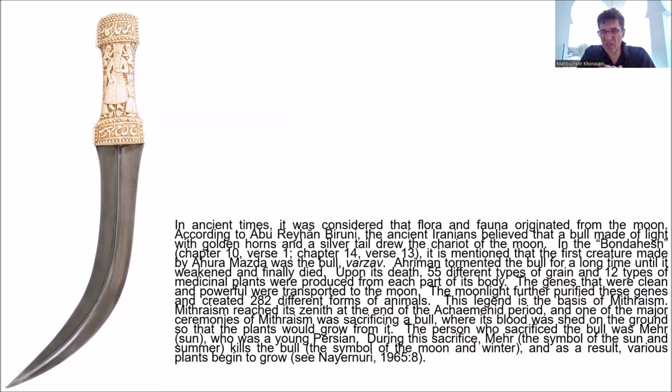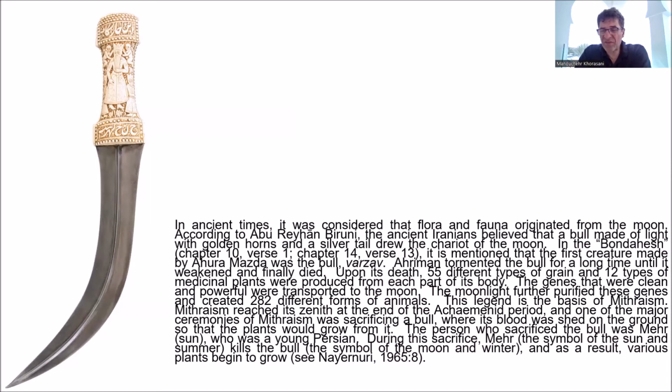According to Beiruni, the ancient Iranians believed that the bull made of light with golden horns and a silver tail drew the chariot of the moon. In the Bondahesh, chapter 10, verse 1, chapter 14, verse 13, it is mentioned that the first creature made by Ahura Mazda was the bull, Barzar. Ahriman tormented the bull for a long time until it weakened and finally died.